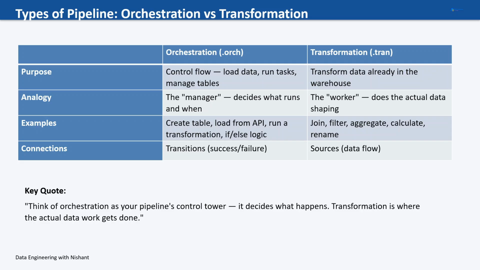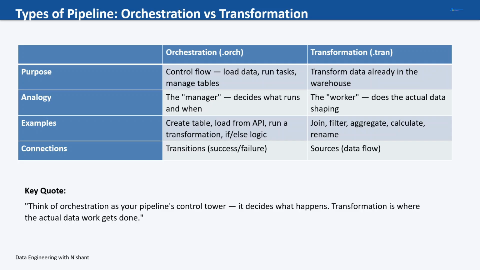And we have arrows labeled success or failure. This orchestration can call a transformation pipeline using the run transformation component, and we can handle errors, retries, and conditional logic.